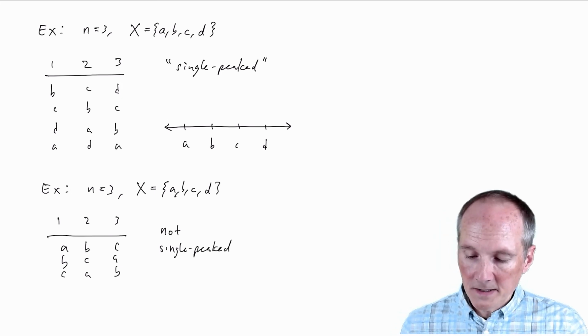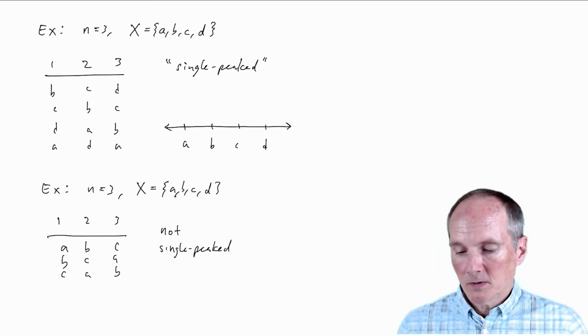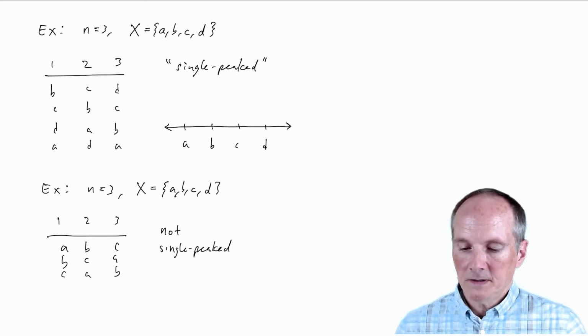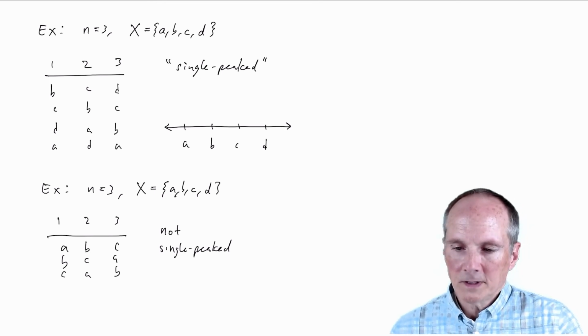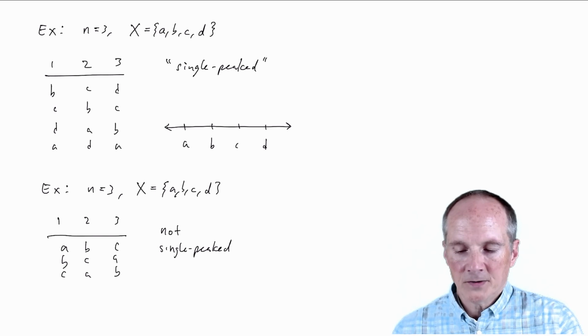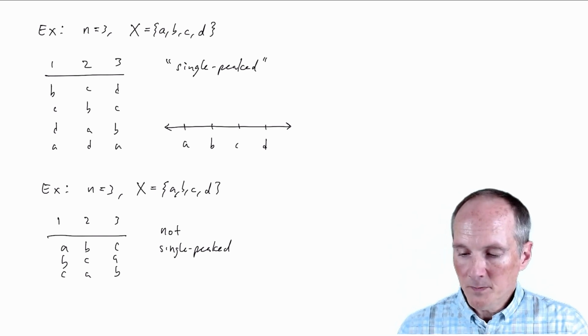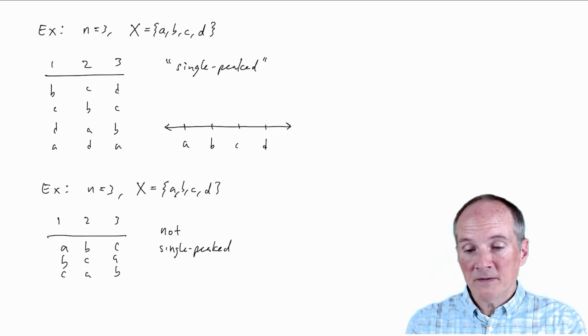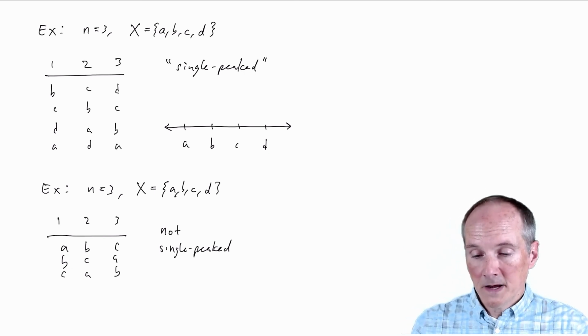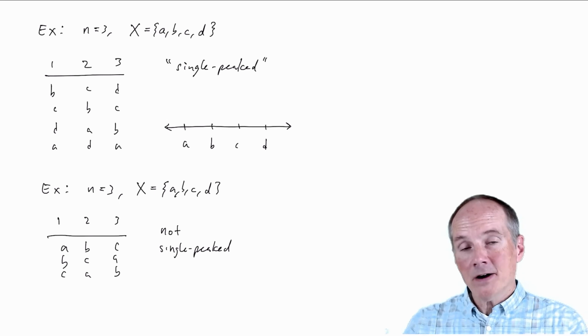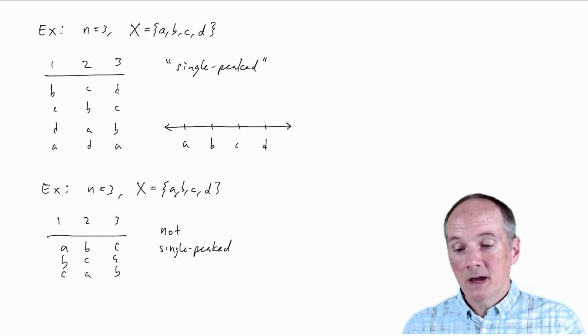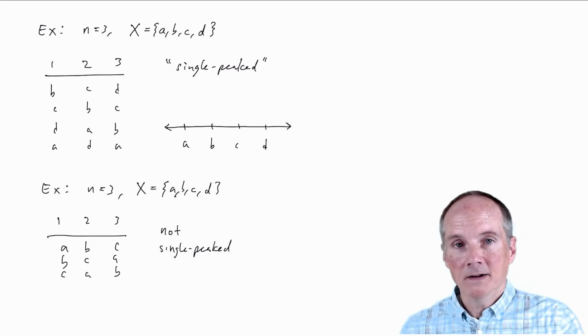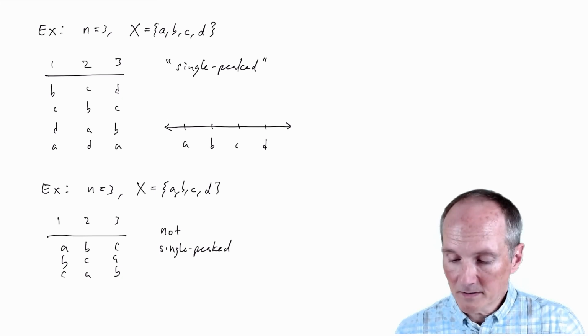All right. So this is just one little step more in the direction of generality. Sometimes we don't start with a one-dimensional structure, but given a preference profile, we can actually kind of back out a one-dimensional structure that allows us to apply the results from this one-dimensional model.